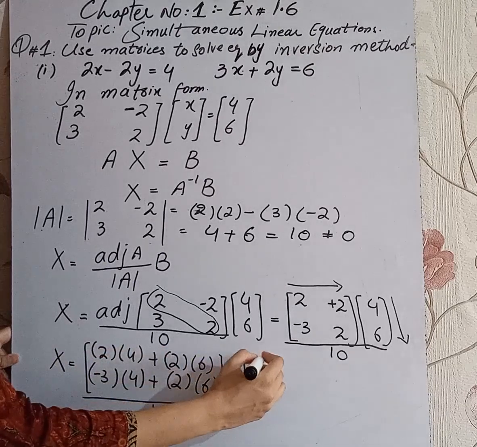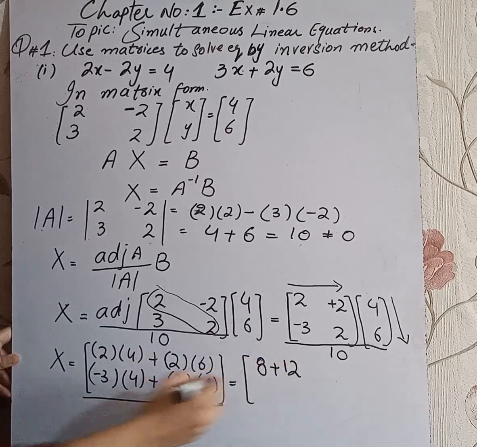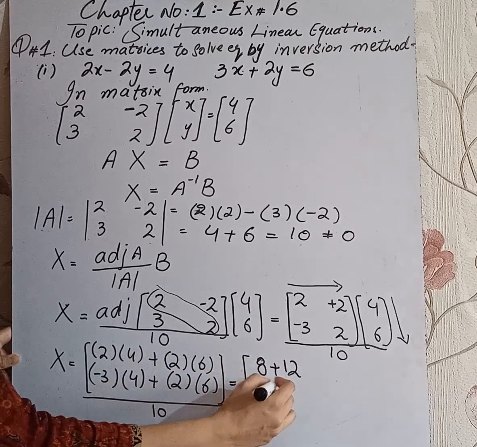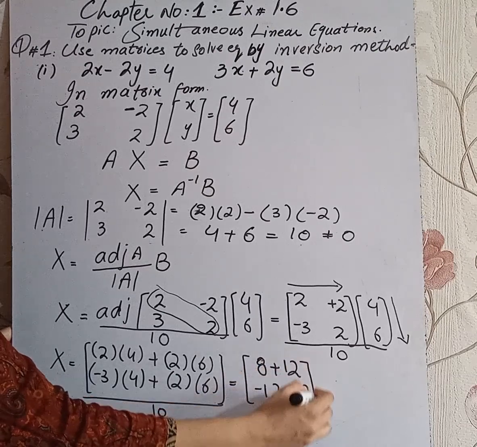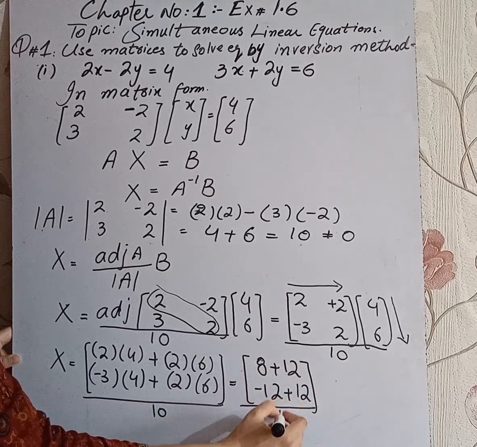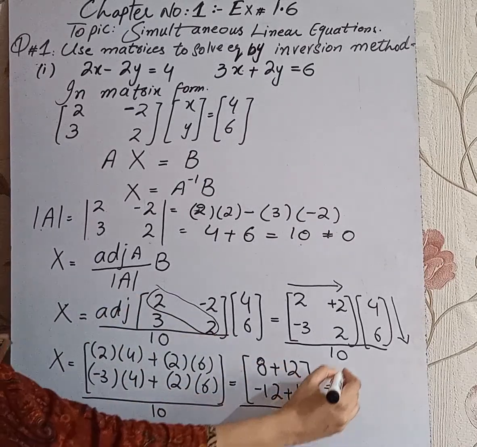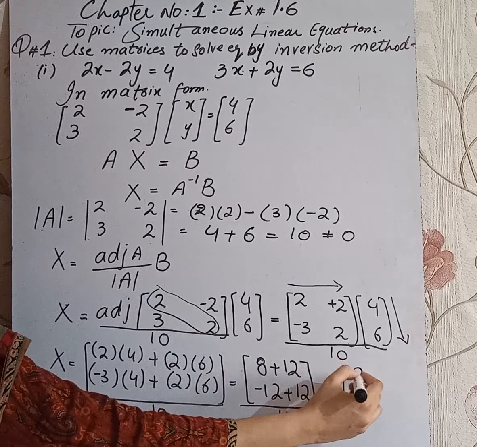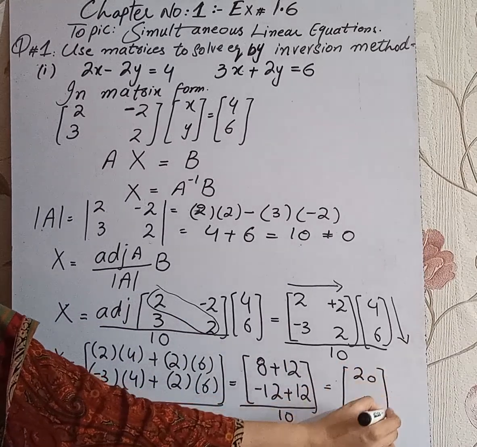2 fours are 8, 2 sixes are 12. Minus 3 fours are 12, plus 2 sixes are 12, divided by 10. 12 plus 8 equals 20. And here minus 12 plus 12 equals 0.